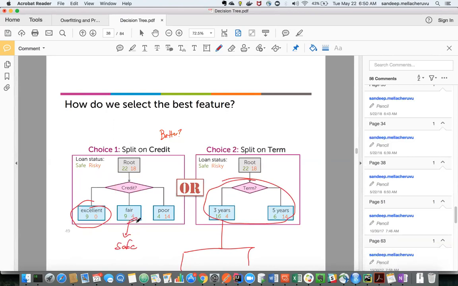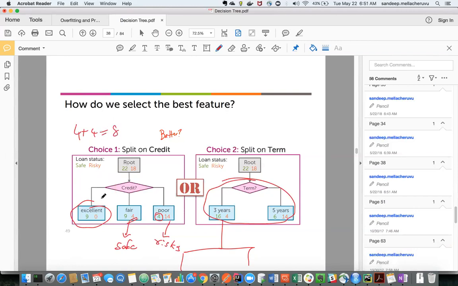The number of wrong answers here is 4. 4 times you are going wrong, and the remaining 9 times you are correct. Assume that this is a risky loan branch. Actually it is risky, and you are predicting risky as well. But 4 times you are again going wrong, because the data says 4 times it is safe. So the number of wrong answers here is 4 plus 4, which is 8.